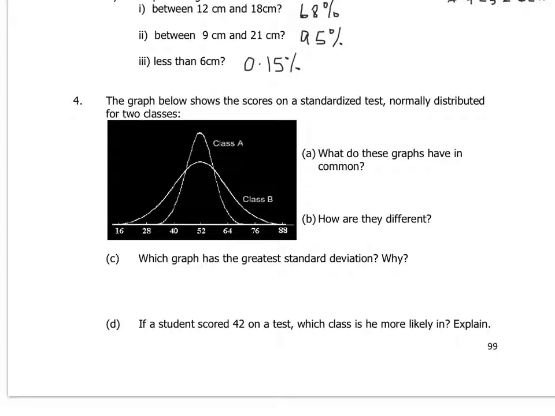They're both normally distributed data, and they both have the same mean. And if they're normally distributed data, and they have the same mean, they should have the same median and mode as well.